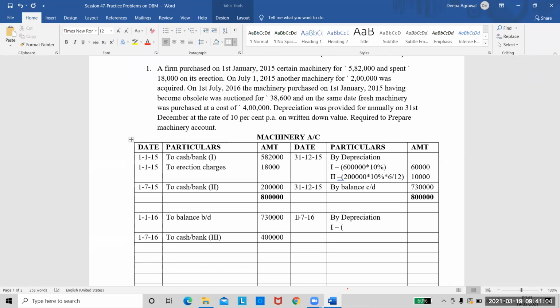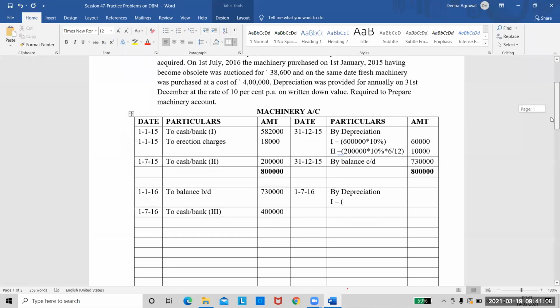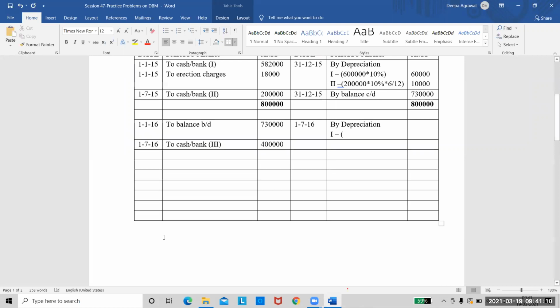Now how will I calculate depreciation for first machinery? Tell me that. So what I should do, I need to write the working notes here. Working notes is required now. So working notes, yes, first we'll have to do it for all the 3. So first I'm doing it for first machinery. So how much is the cost of first machinery? 6 lakhs.